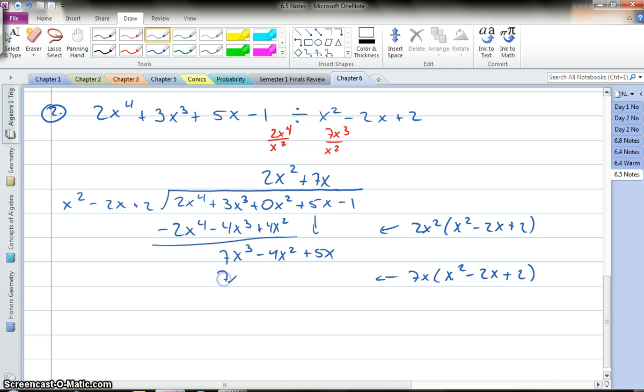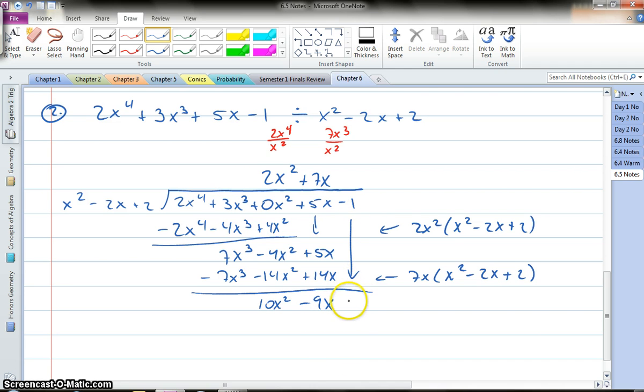So that gives me 7x to the third minus 14x squared plus 14x. I subtract. First terms are gone. Negative 4x squared minus negative 14x squared is the same as plus. So that gives me 10x squared minus 9x.